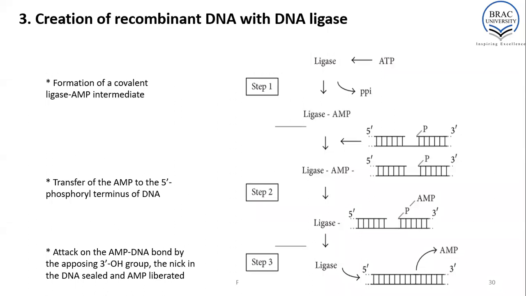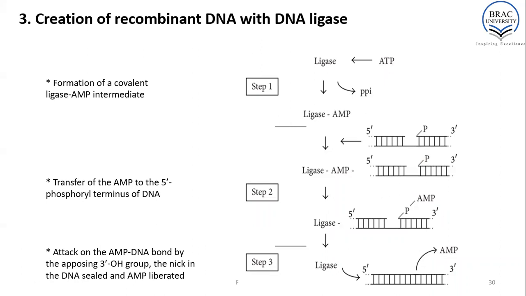The DNA ligase normally facilitates this ligation of the vector and the DNA in a three-step process. In the first step, the ligase reacts with ATP, adenosine triphosphate, and forms a ligase-AMP intermediate.